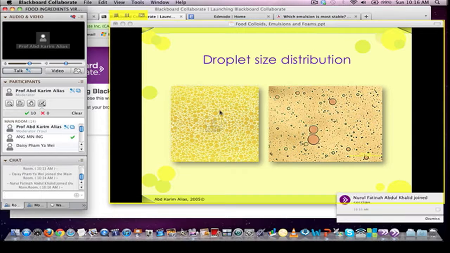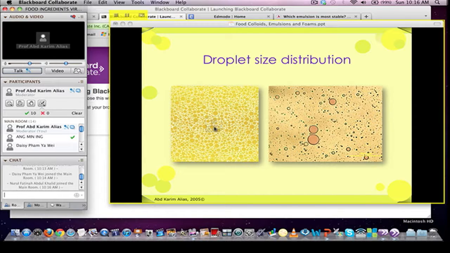But we have to remember that an emulsion is thermodynamically an unstable system. They try to separate again into two layers, because that is the most stable form when they are separated into two layers.